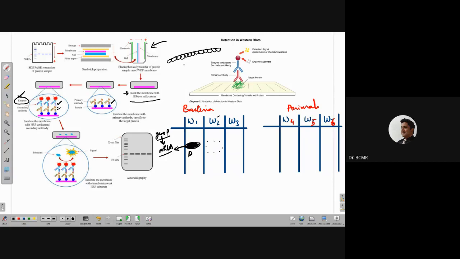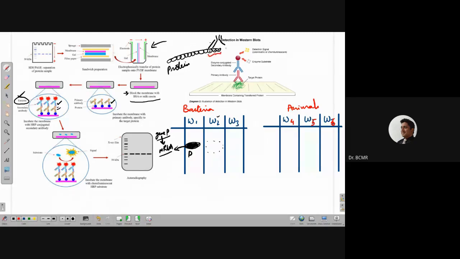So if I fold it, assume that the epitope is these last three amino acids, which is where the antibodies are actually going to bind. Assume this is a protein, and I have monoclonal antibodies that recognize these last three amino acids.